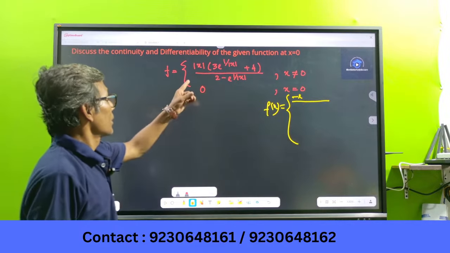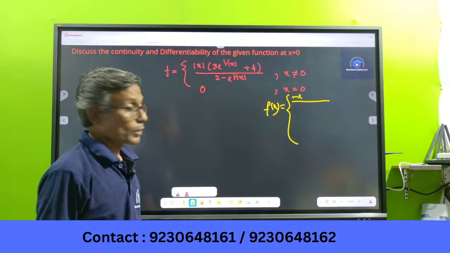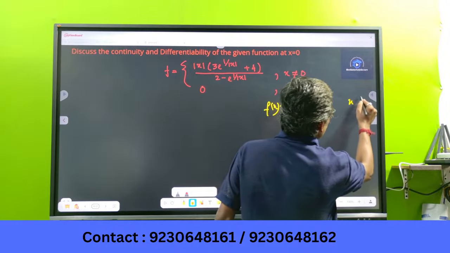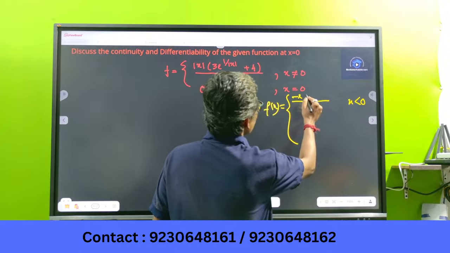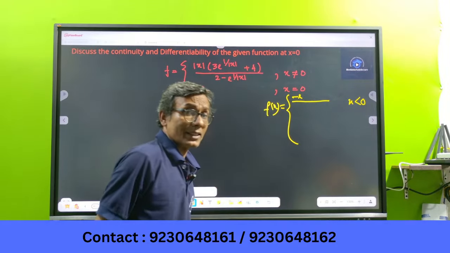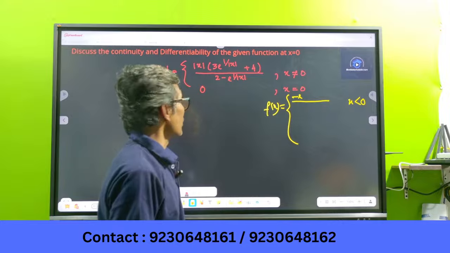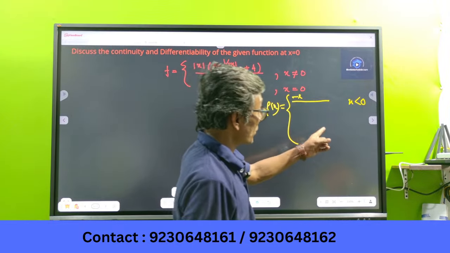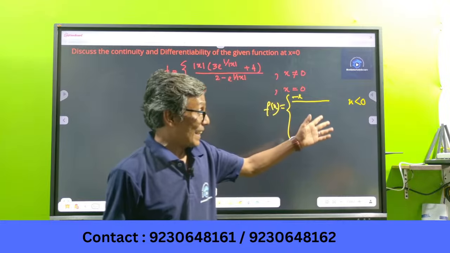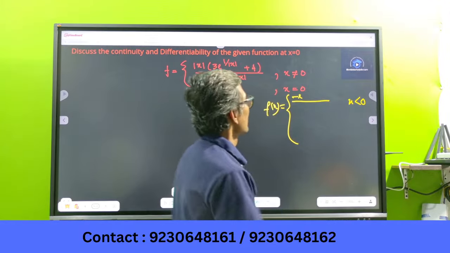Why do we take minus value of mod x? Because x is less than 0. So minus x is taken instead of mod x, because x is less than 0, that is why.